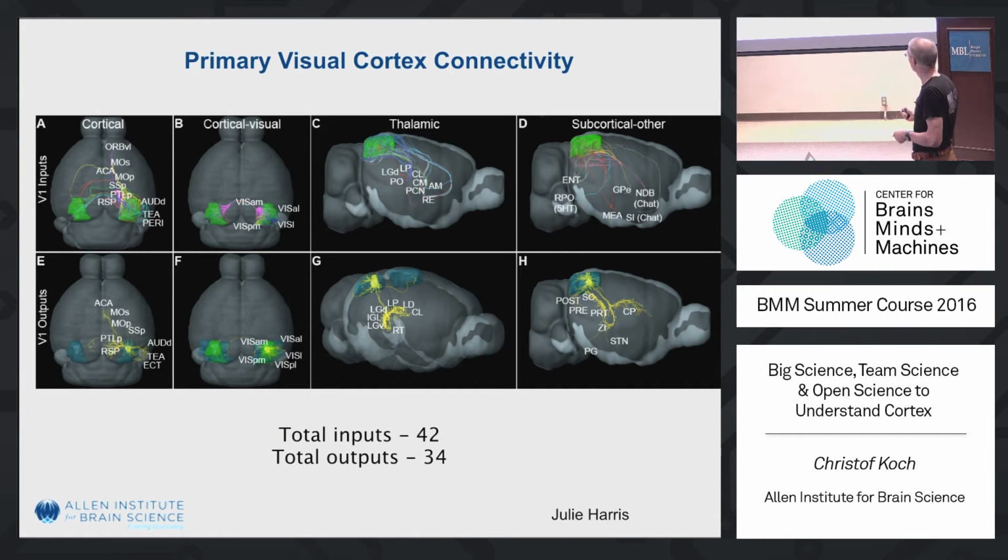in the back. So these are the inputs from all of cortex, just visual cortex into V1, the thalamic input, all the different thalamic areas into V1, all the subcortical non-thalamic areas, and these are the output.